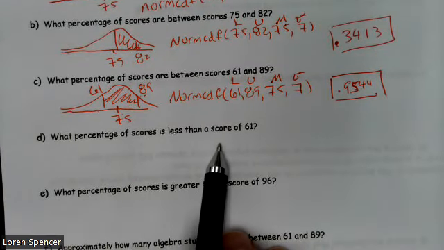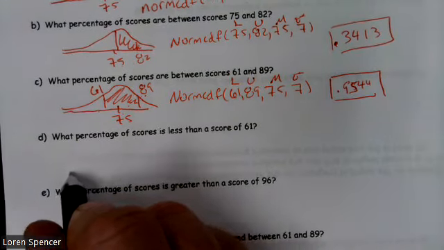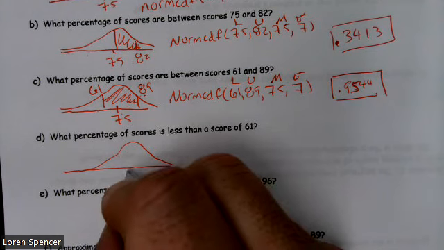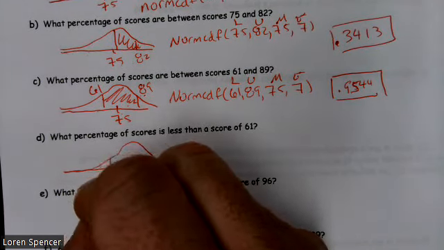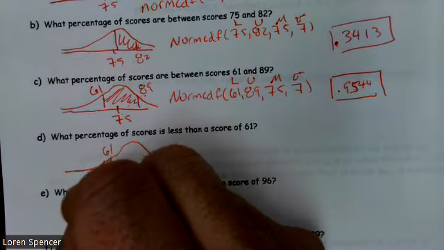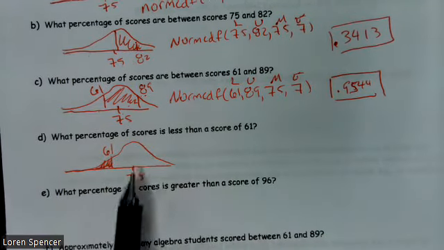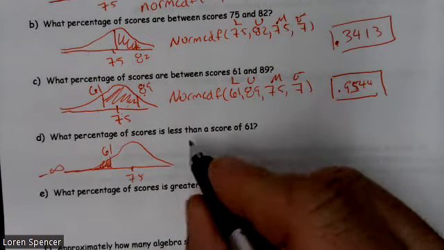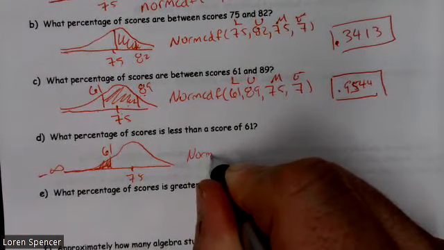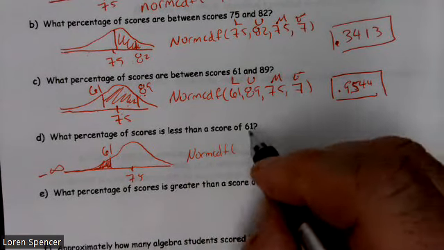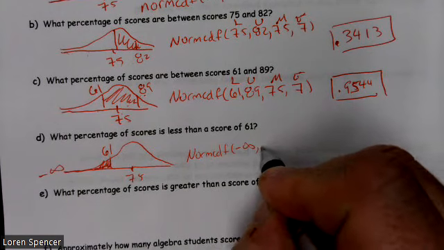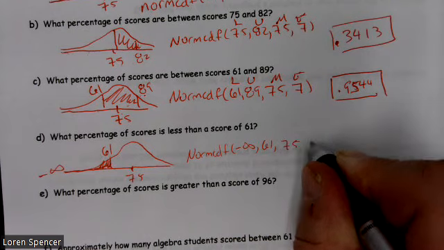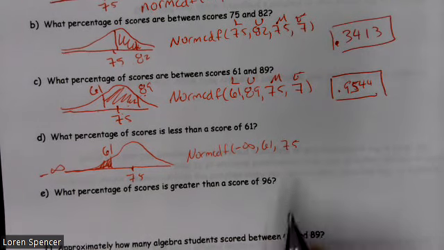What percentage of the scores are less than 61? So we have a mean of 75, an upper bound of 61. 61 is below 75. And we're going to go to negative infinity because it said less than. So this is going to be a normCDF, negative infinity, 61, mean is 75, standard deviation of 7.